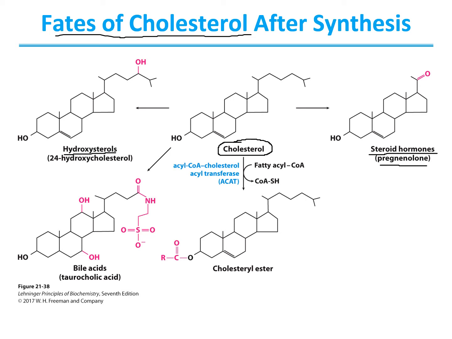Other molecules like hydroxysterols can be formed from cholesterol as well, and we can attach a fatty acid to this cholesterol, converting it into cholesterol ester, and sometimes convert the cholesterol into bile salts as well. One example of a bile salt given is taurocholic acid, and these bile acids help us in lipid digestion.